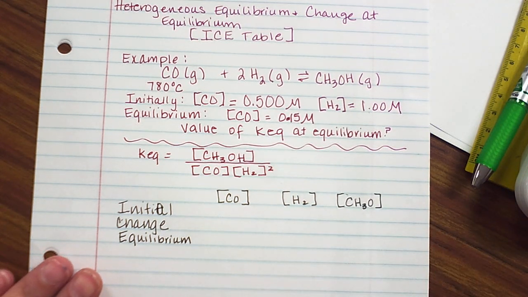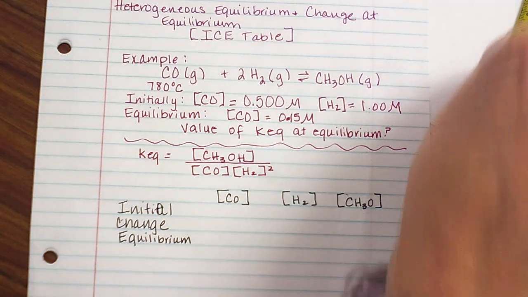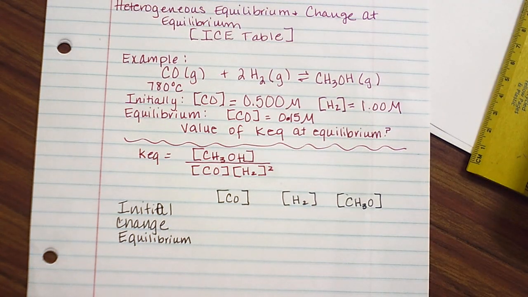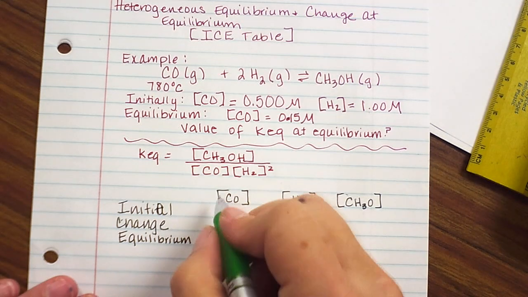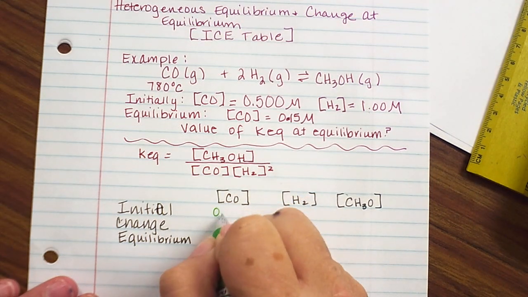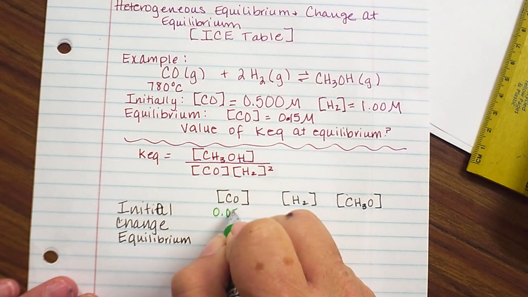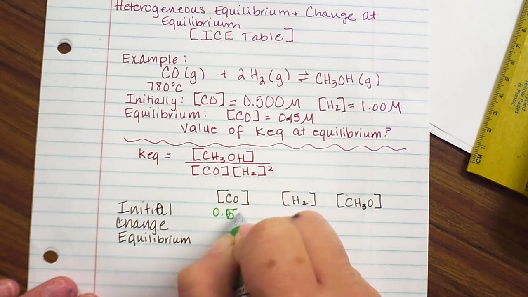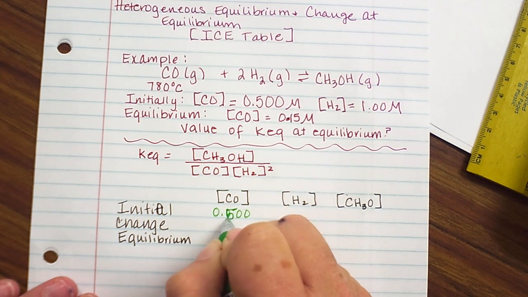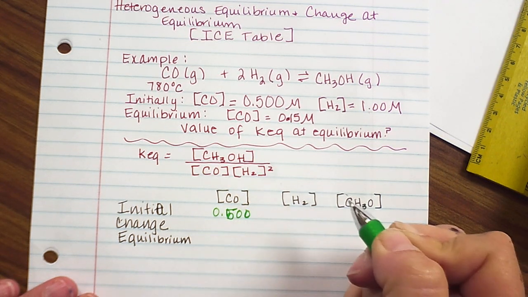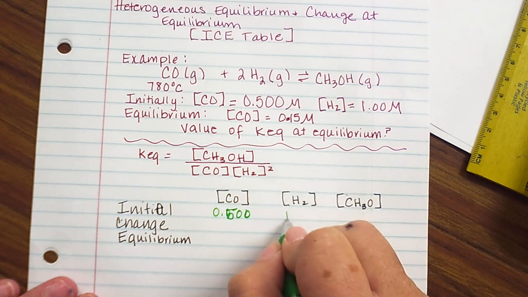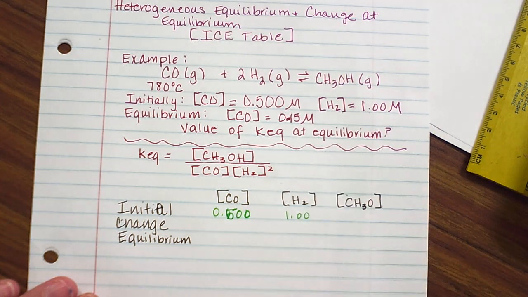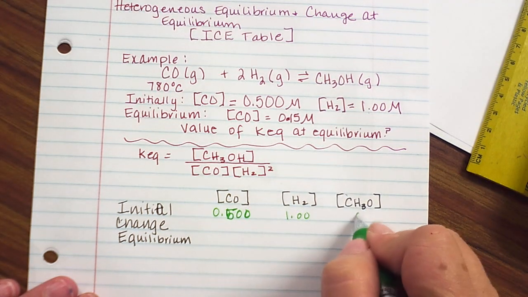And now what we're going to do is write down the concentrations that we know. So what we know is our initial carbon monoxide is 0.500 molar. And our initial hydrogen is 1.00 molar. And we also know that our initial methanol is 0.